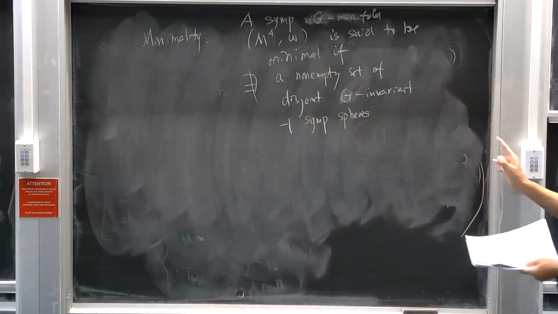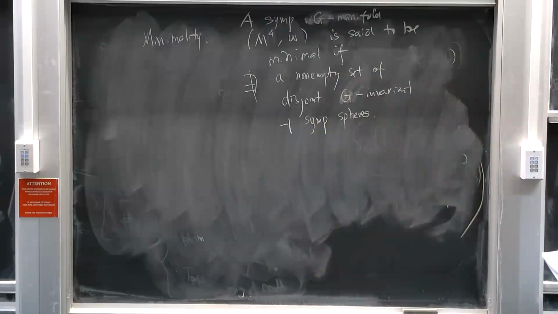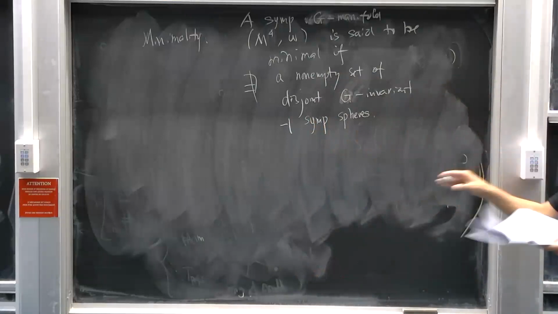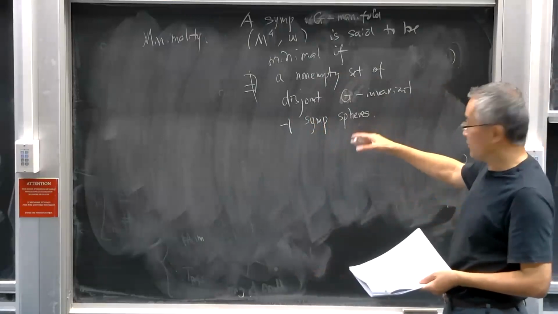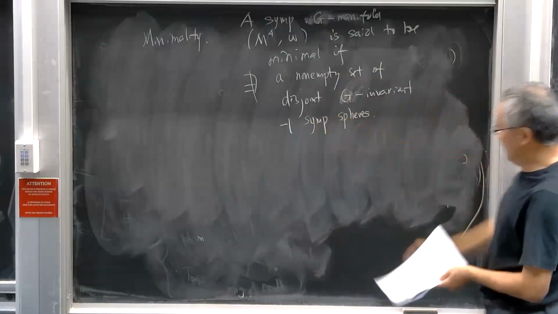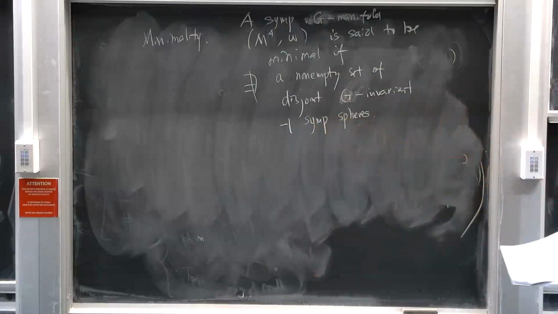If you have such a collection of disjoint G-invariant spheres, you can just blow them down simultaneously, such that the blow-down manifold is still a G manifold.